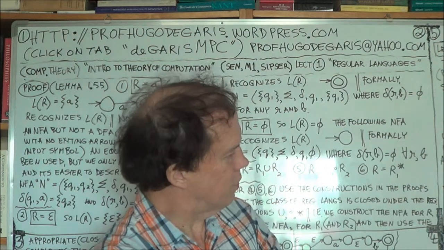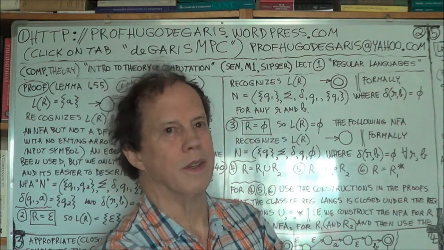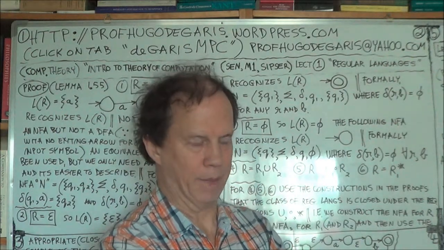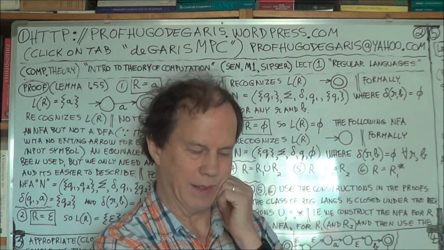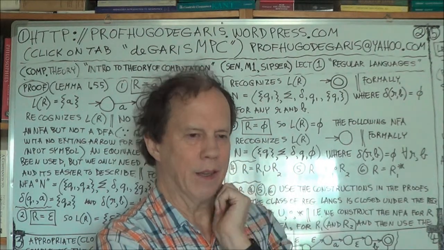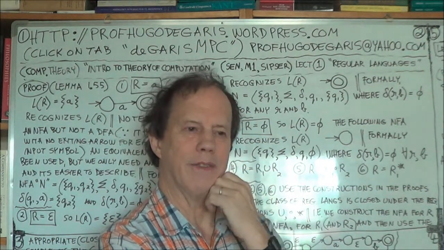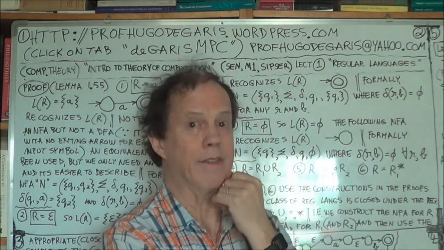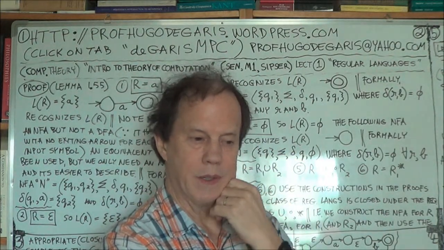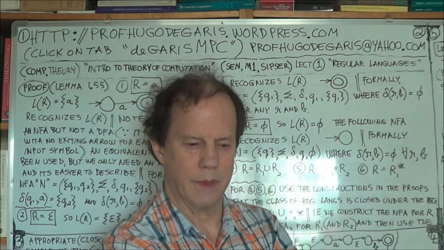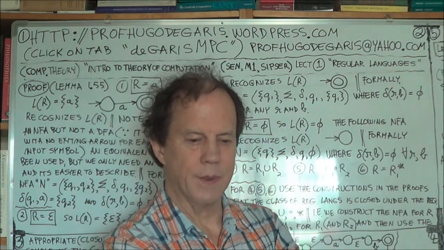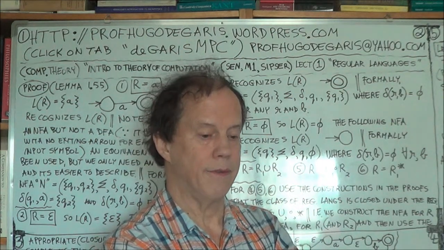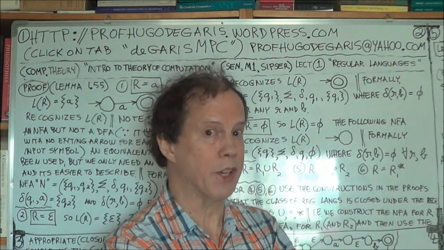And in the process of doing that, introduce what's called a generalized NFA. And what is that? Well, jumping ahead a little, the only difference between a generalized NFA, in other words a GNFA, and an NFA, is that with a GNFA, instead of having symbols from an alphabet on your transition arrows, you have regular expressions.